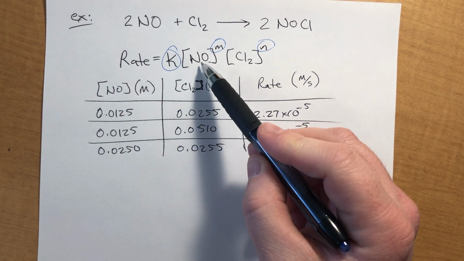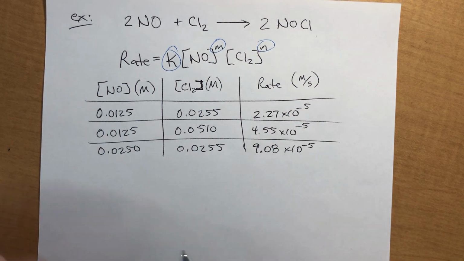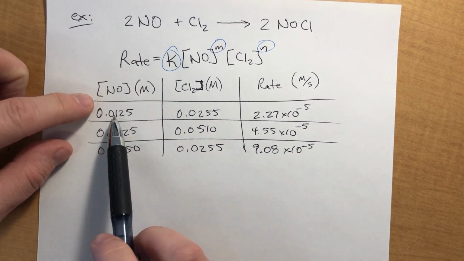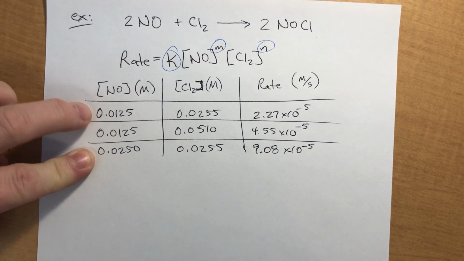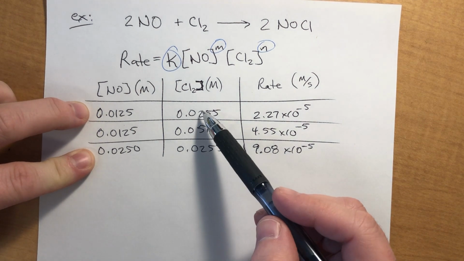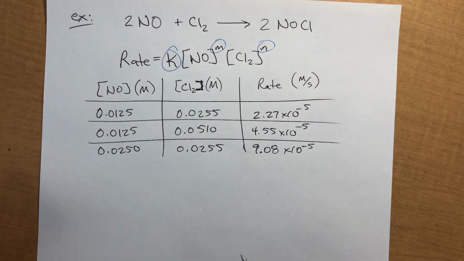So what we're looking for in this data, if we want to figure out the exponent for NO, which is m, is NO to double, which it could be these two, or it could be these two. It's hard to know. But we also want this one to not be changing, because if they're both changing, it's hard to tell which one's affecting the rate.